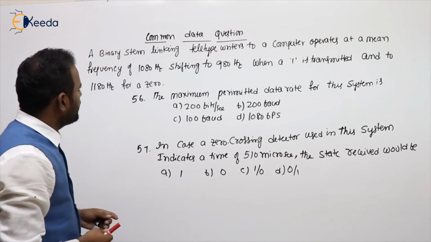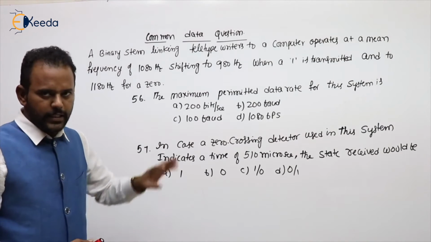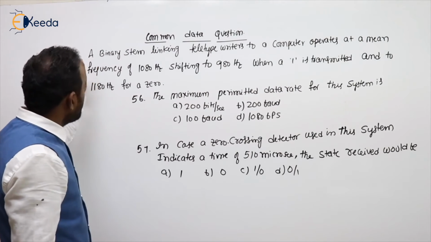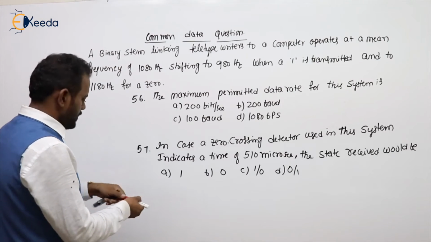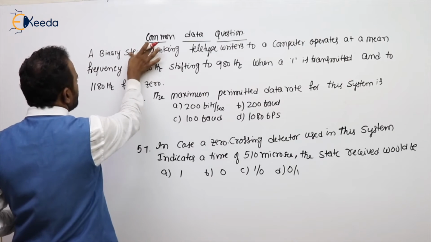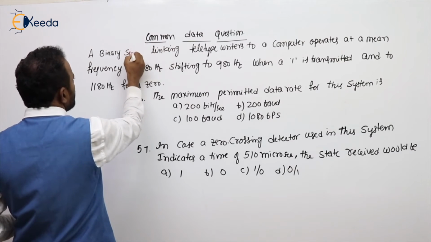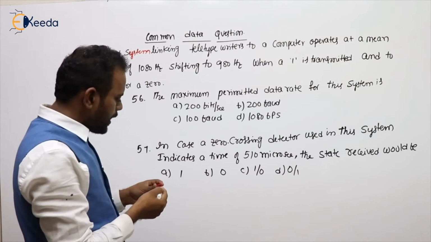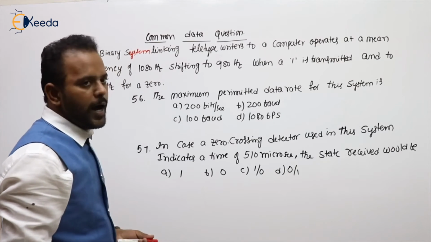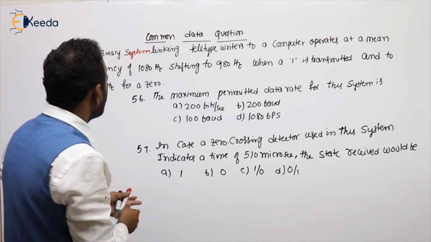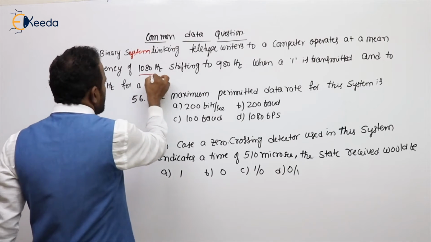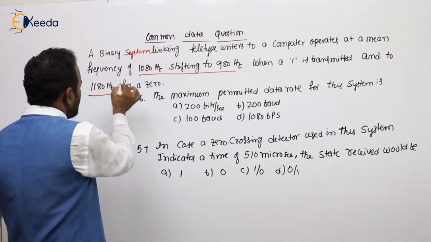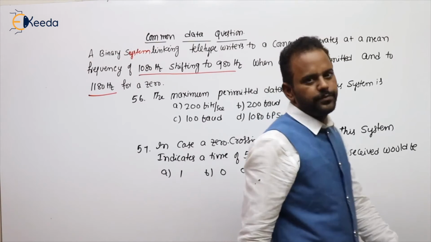See the next problem. It is a common data question, a general problem they ask in the ESE examination. What is the data? A binary system linking teletypewriters to a computer operates at a mean frequency of 1080 Hz, with 980 when one is transmitted and 1180 for 0 transmission.